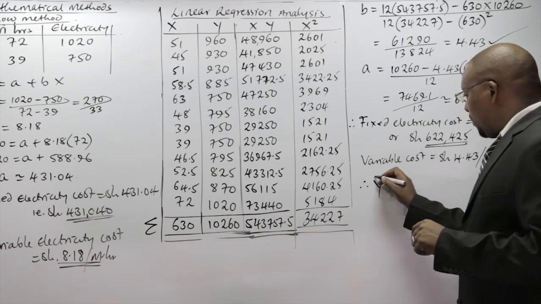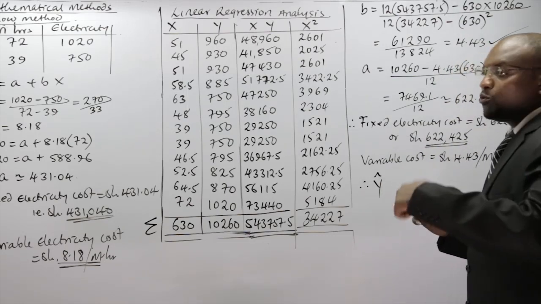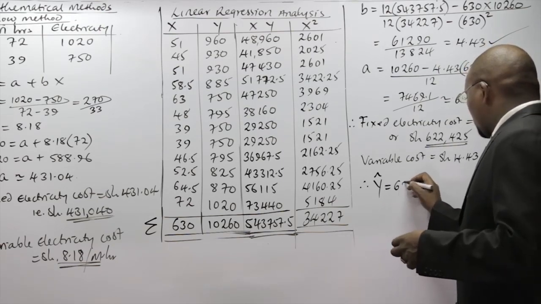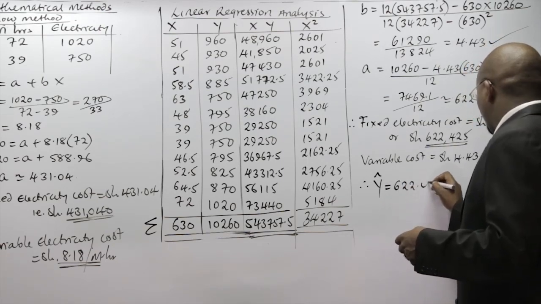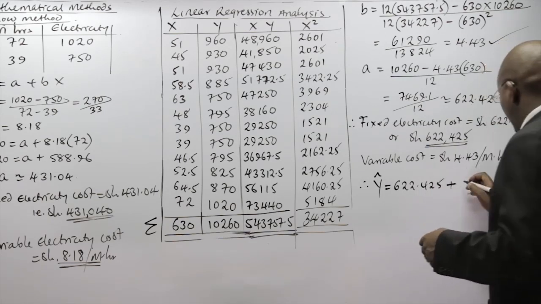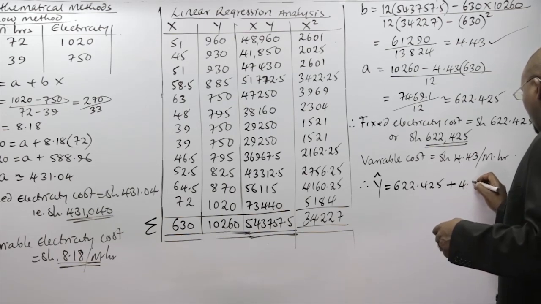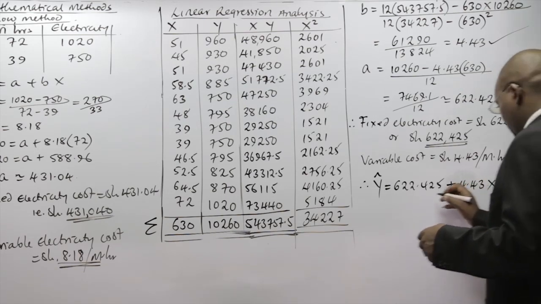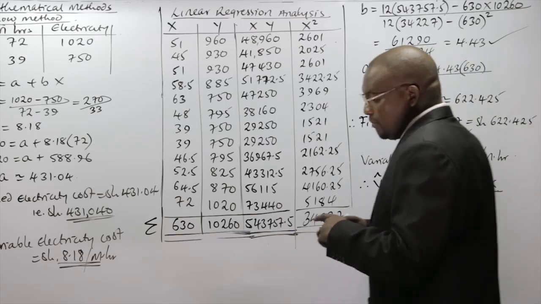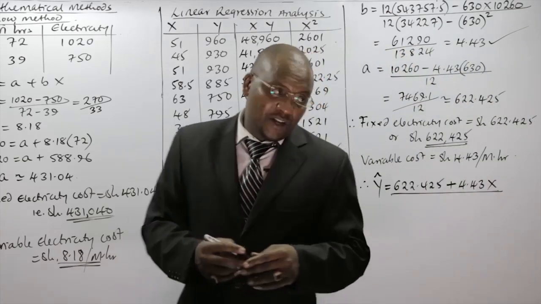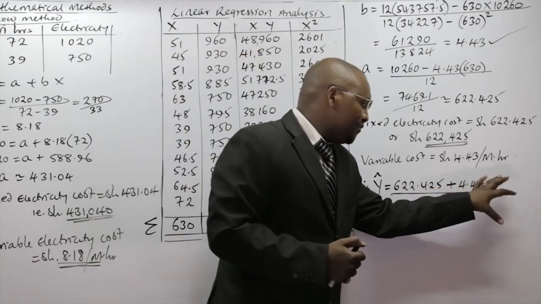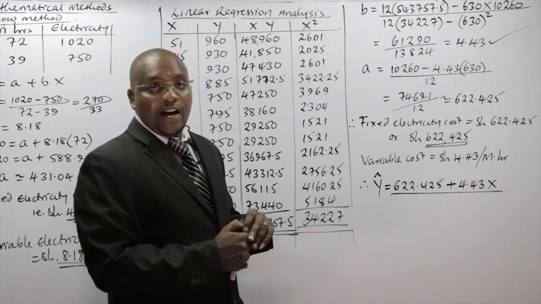Our regression line would be y predicted, because we'll be using it to predict the future cost, equals 622.425 plus 4.43x. This means that should we want to predict for the next month, let's say December 2009, we have the number of hours, we'll just substitute here, and we get our total cost.